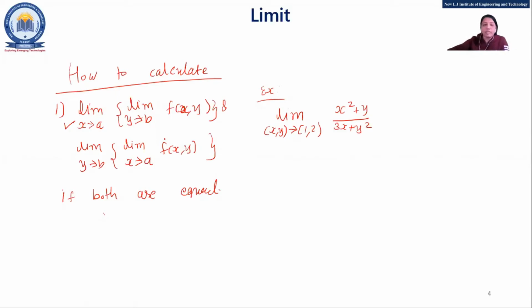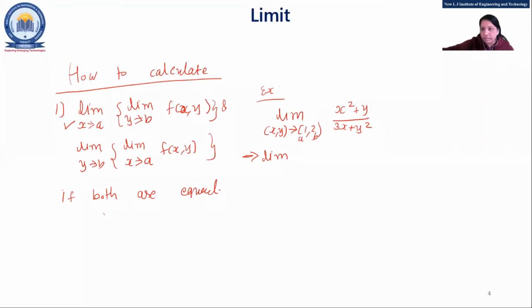So according to the rules, we'll go in which way? First we'll calculate this way. Here (x, y) tends to (A, B), where A equal to 1 and B equal to 2. Fine. Is there any doubt? Anyone, just raise your hand. Is there any doubt or we'll move to the example?